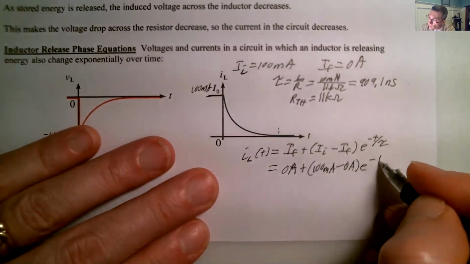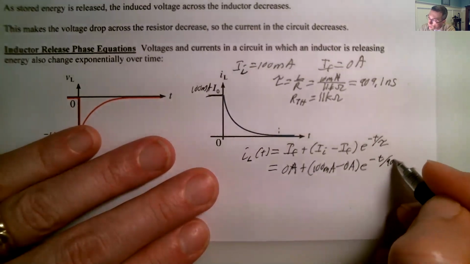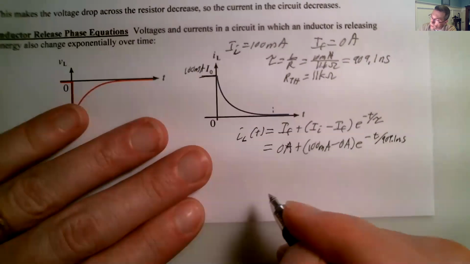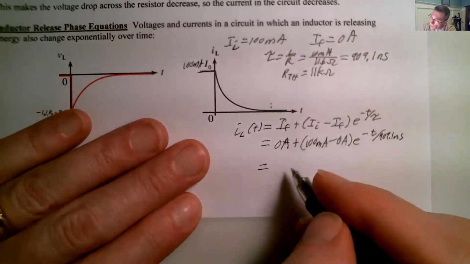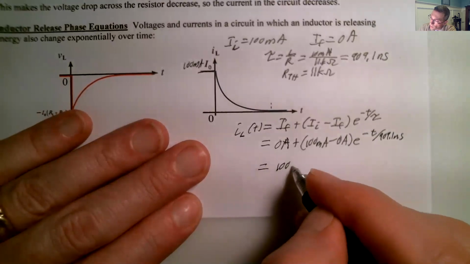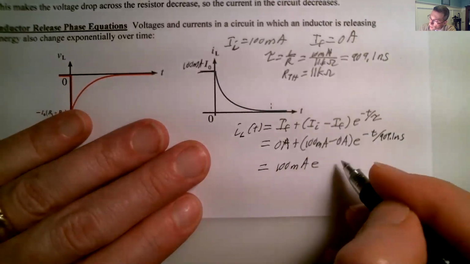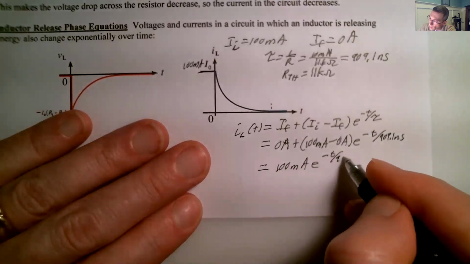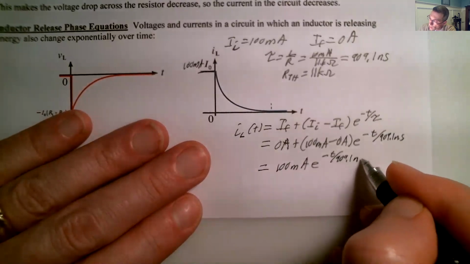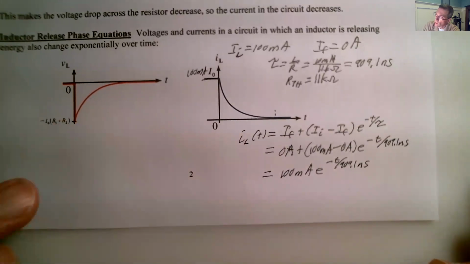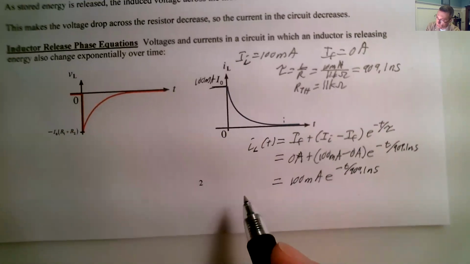We've got e to the minus t over 909.1 nanoseconds. And what's that mean? Well, IL of t is 100 milliamps e to the minus t over 909.1 nanoseconds. So that's what IL of t is doing.